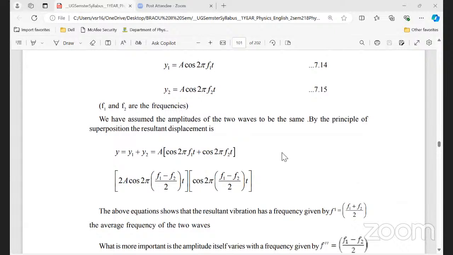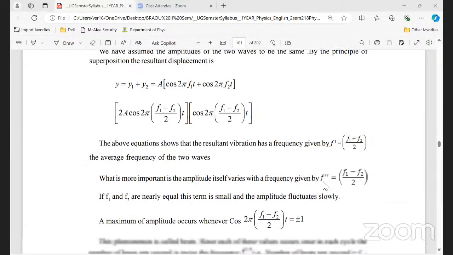This is plus and minus, not both minus, so correct it in your textbook formulas. Here A is 2 pi f1 and B is 2 pi f2, so 2 cos 2 pi (f1 plus f2) by 2 into t, times cos 2 pi (f1 minus f2) by 2 into t.